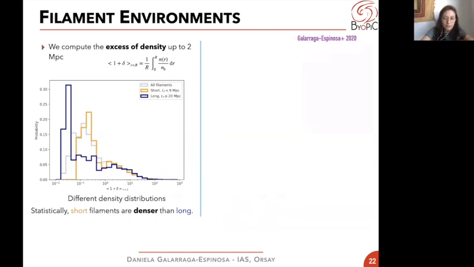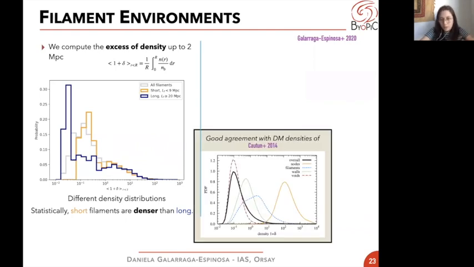We have different density distributions for short and long filaments, and long filaments seem to be statistically less dense than short ones. If we focus on the range shown by this excess of density distribution, we can compare it with the first plot that I showed you in the introduction, and we see a large range of densities as well.